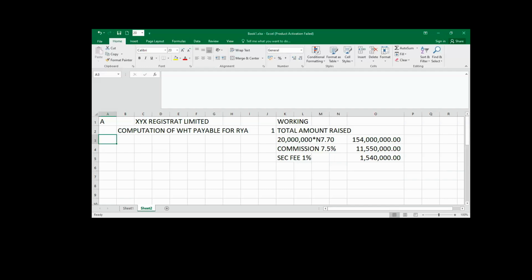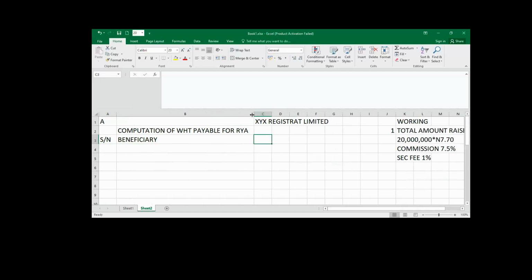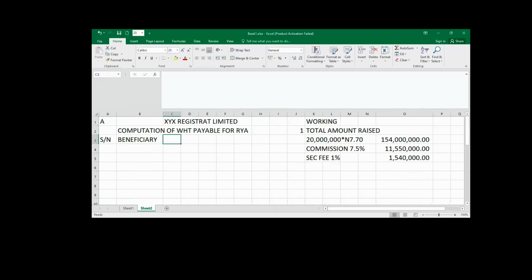We have the serial number, we have the recipient or the beneficiary of that money. Who is the beneficiary of that particular amount? Then after the beneficiary, we have the rate. What is the rate of the withholding tax?